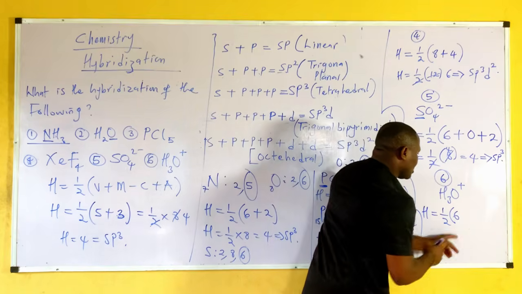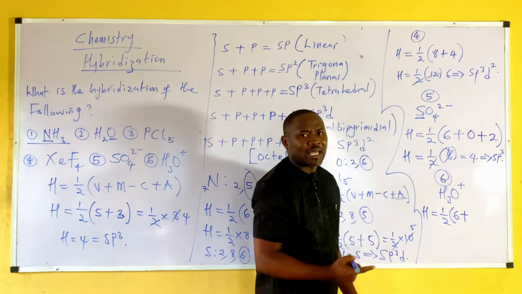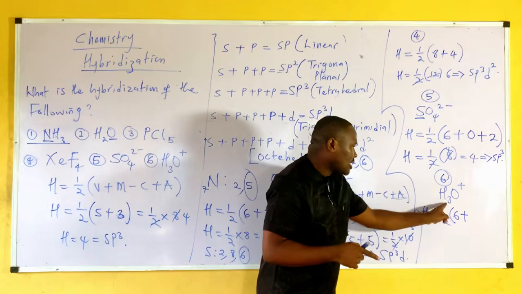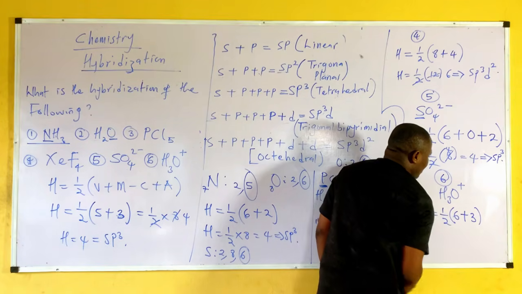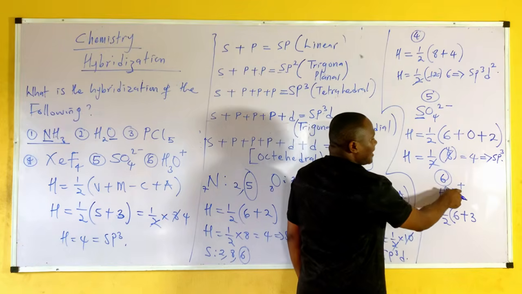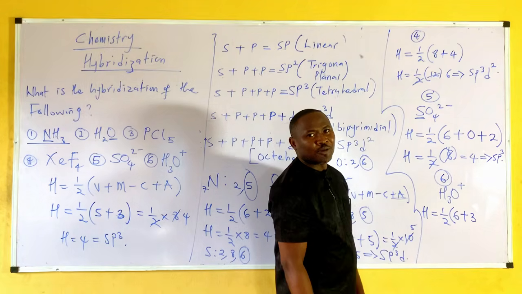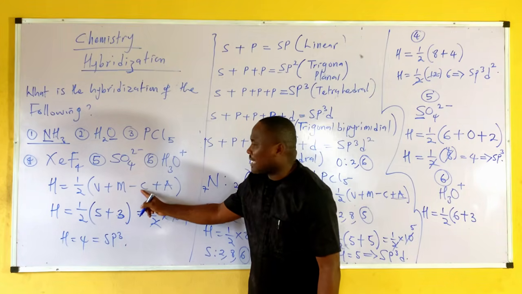So that's 6 plus. Now, what is the number of monovalent atoms surrounding oxygen? It is 3 hydrogen. So 6 plus 3. Now there is a cation present, 1 cation. What do you do to cation? You subtract cation.